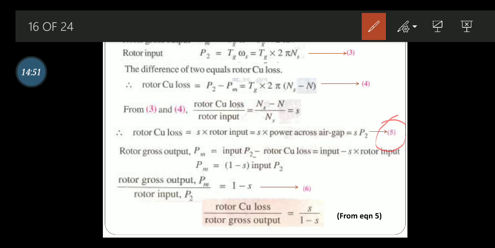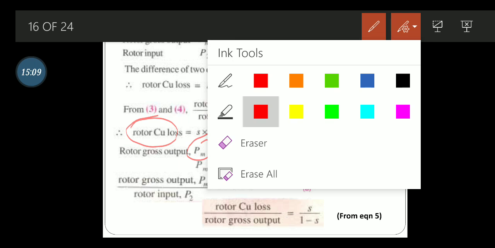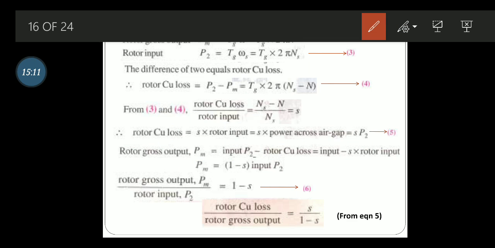Now next, the rotor gross output. Rotor gross output is given as the difference between rotor input and rotor copper loss. You just now got the rotor copper loss as s times P2. Substitute that value. The rotor gross output is equal to rotor input minus rotor copper loss.